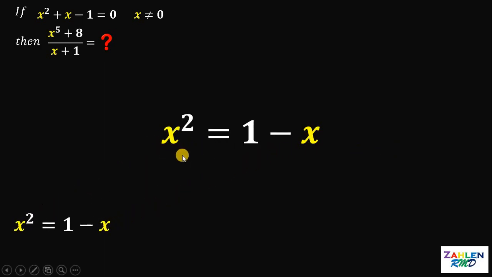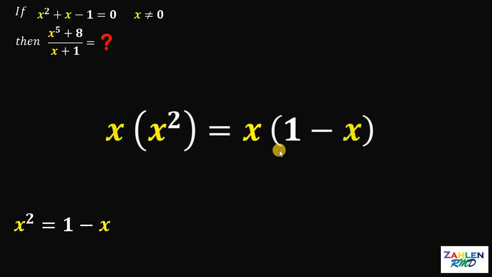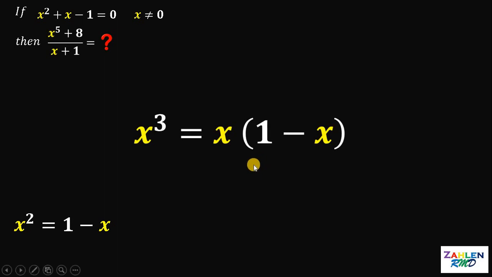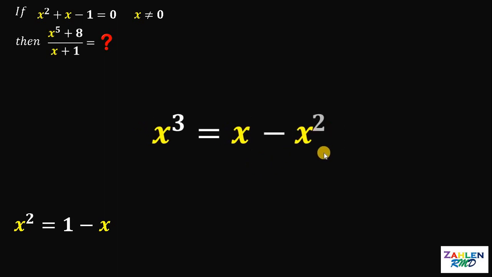Now, what will happen if we multiply both sides by x? This is okay because we know already that x is not equal to 0. On the left-hand side, we have x cubed, and on the right-hand side, we have x minus x squared. Take note that we have a value for x squared. This is just 1 minus x.